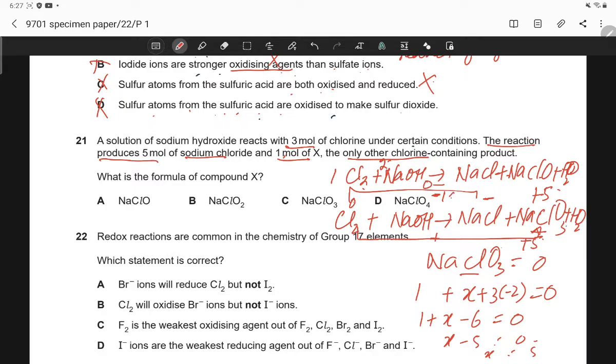So -1 and plus 5, and this is 1. To balance this reaction, 5 NaCl and 1 over here, 1 mole. So 5 NaCl, 5 and 1, 6. So 6 sodium hydroxide and 5 Cl and 1 Cl. So this 6 over here is 3 moles of Cl2. So the X product would be NaClO3 in this reaction.